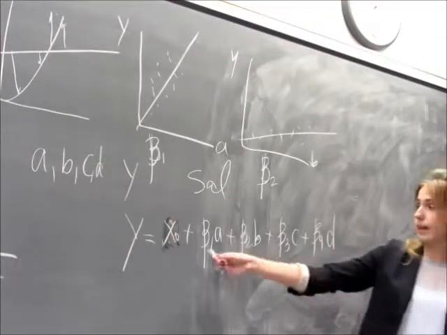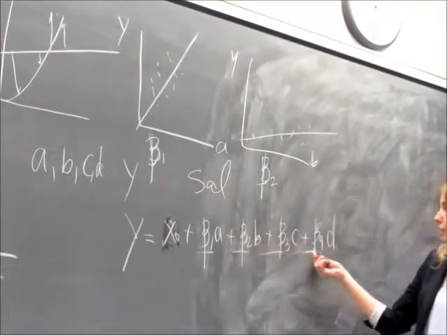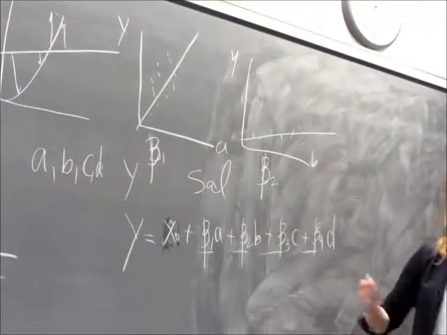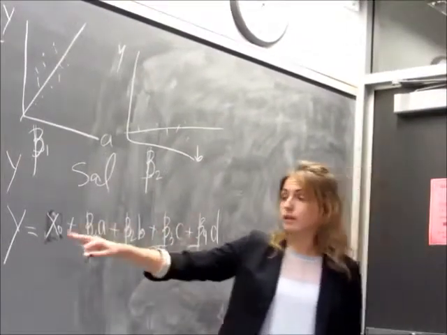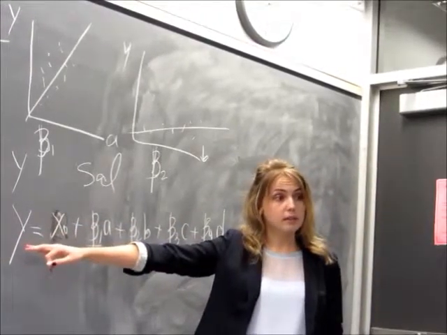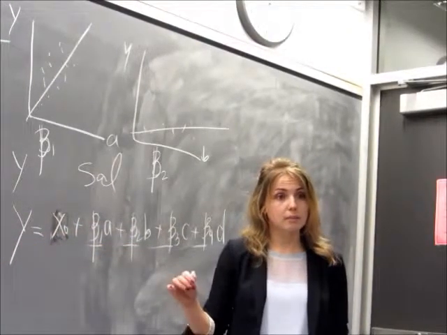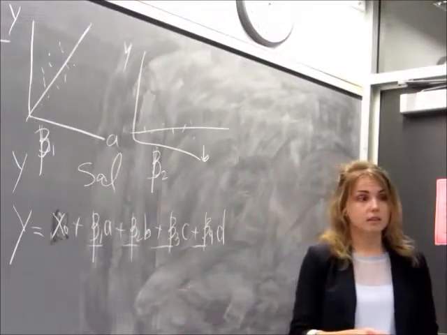So basically we have a coefficient for every one of our independent variables, and we're scaling it by some factor to then predict our dependent variable. Does that make sense? Any questions?